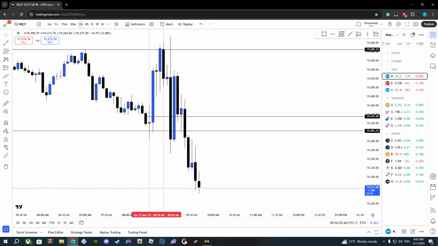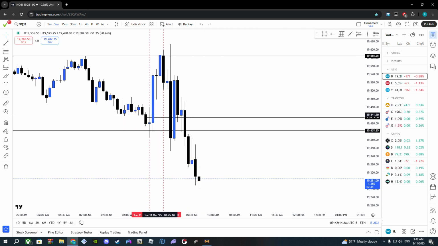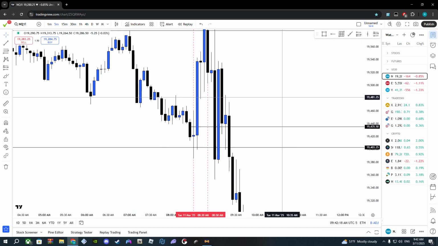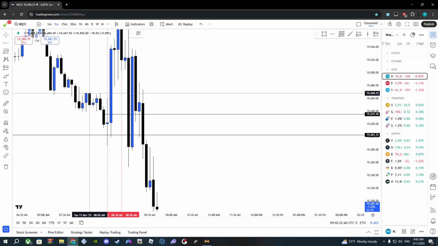We immediately swept out this hourly low that I wanted to get swept. So I was looking for longs the first 5-10 minutes of market open. After sweeping out that hourly low, we broke structure to the upside, as you can see with this candle closure above. Boom. And I was like, all right, bet.